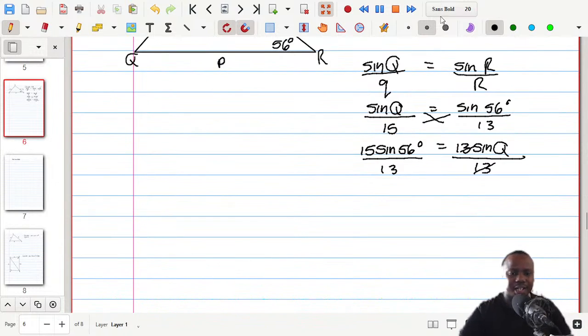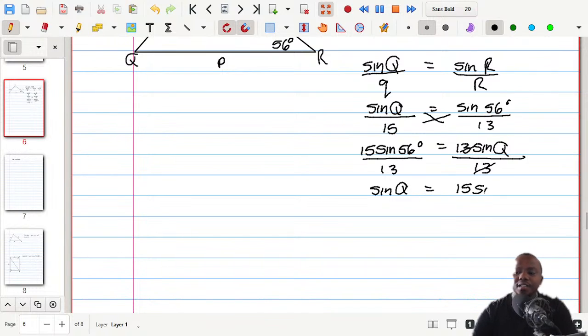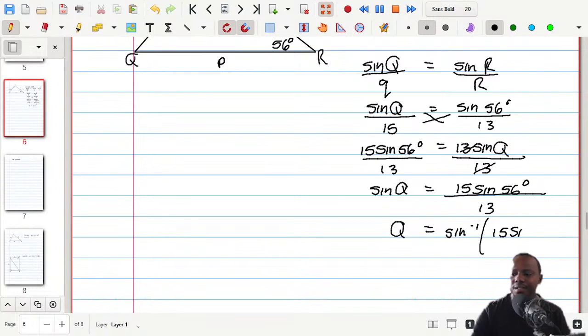Once again, do not type this into your calculator as yet. What we need to do is say sine of Q is equal to 15 sine of 56 degrees divided by 13. Then I'm going to say Q, not theta, Q is equal to arcsine of 15 sine of 56 degrees over 13.